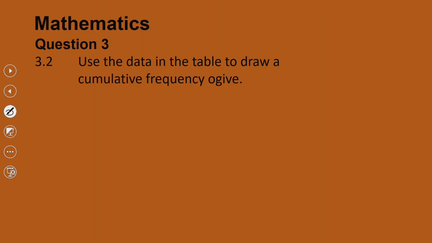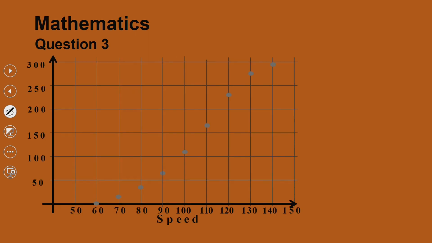The cumulative frequency question says, question 3.2, use the data in the table to draw a cumulative frequency graph. How do we draw this? Let us pay attention to our graph. First of all, we can see that this is the cumulative frequency. This is the frequency side of the vertical axis.